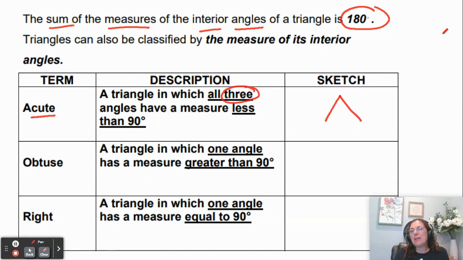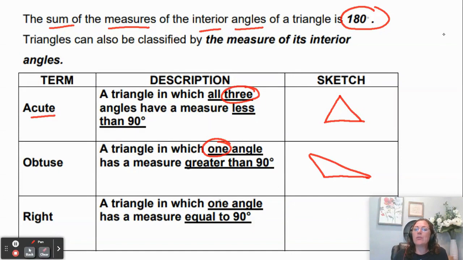And acute means that all three of those angles are less than 90 degrees. Okay. An obtuse triangle is a triangle in which one angle is greater than 90 degrees. So you might have an angle that's bigger than 90 degrees, and it looks something like that. And this would be called an obtuse triangle.